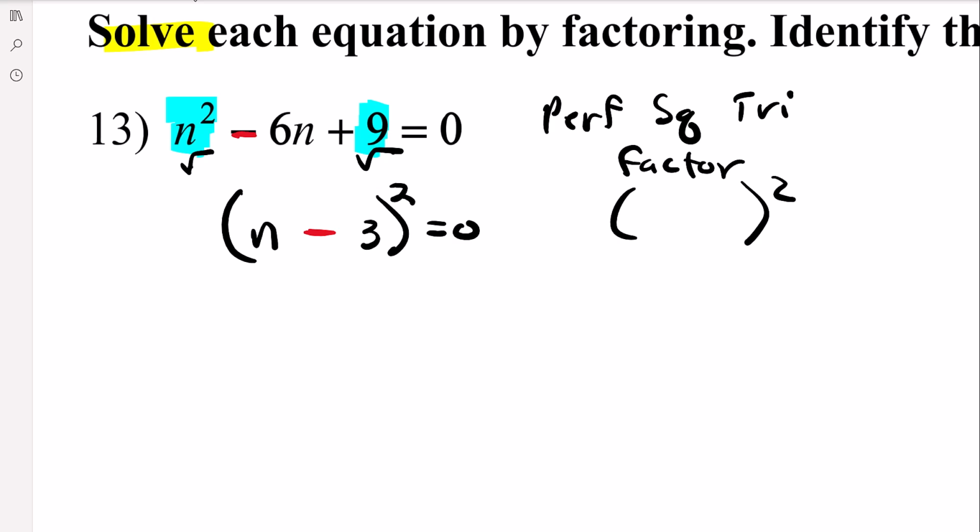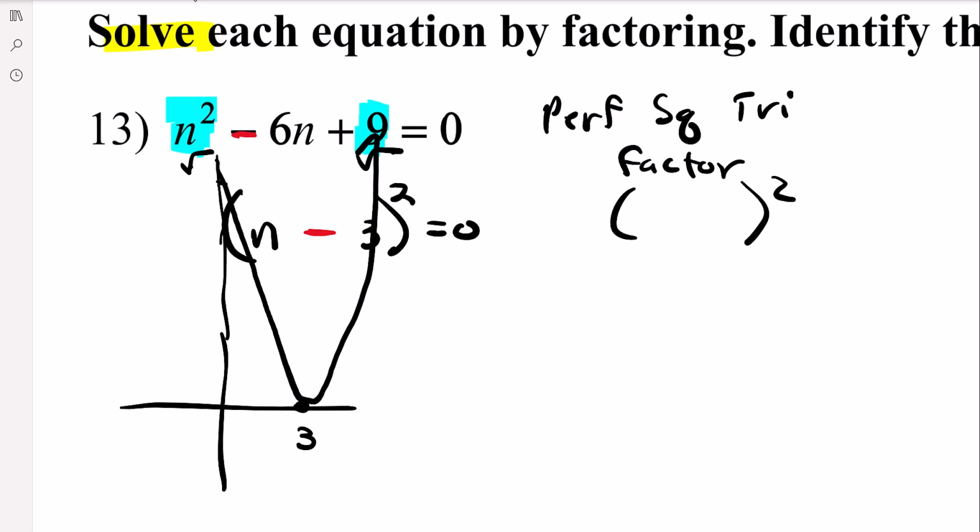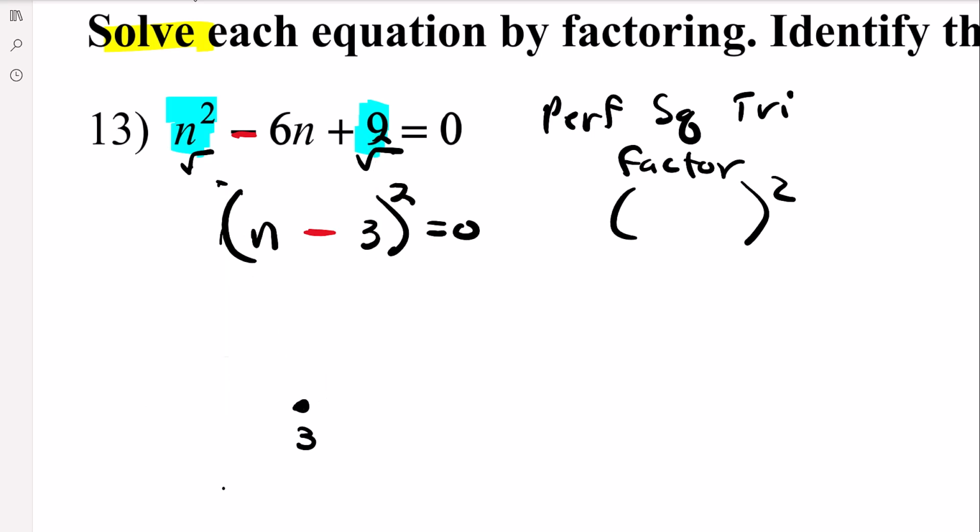And this would be one when you go to graph it, right there, positive 3, way up there at 9. So whenever you have this multiplicity of 2, meaning something squared, the graph is going to sit right on top of the x-axis.